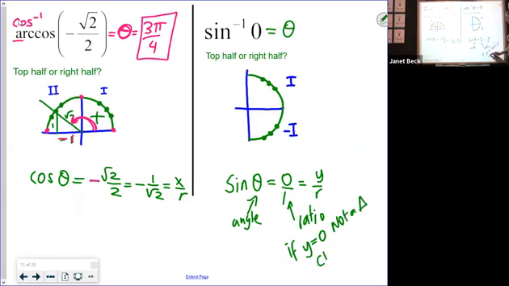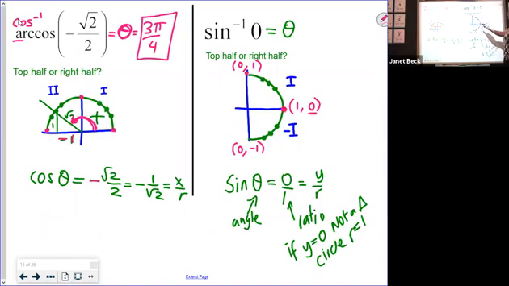We're looking at a circle, radius equals 1. Where is the y coordinate 0? Well, here, the x coordinate is 0, the y coordinate is 1. Here, the x coordinate is 0, the y coordinate is negative 1. It's this one here that the x coordinate is 1, the y coordinate is 0. This is the one I want.